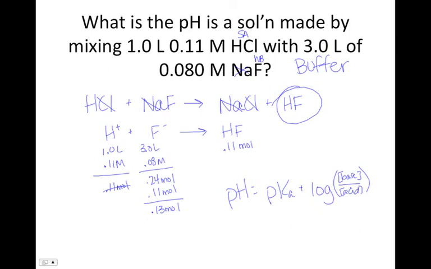Let's see, the Ka of HF is equal to, I'm just looking this up in a book, 6.8 times 10 to the negative 4.